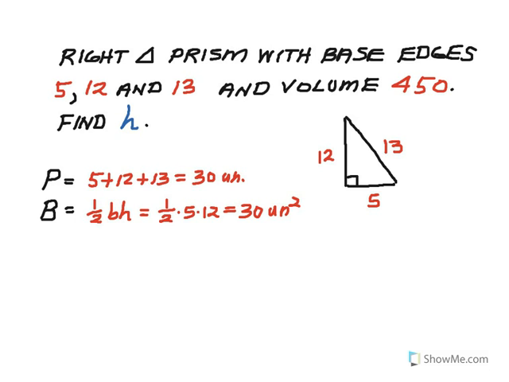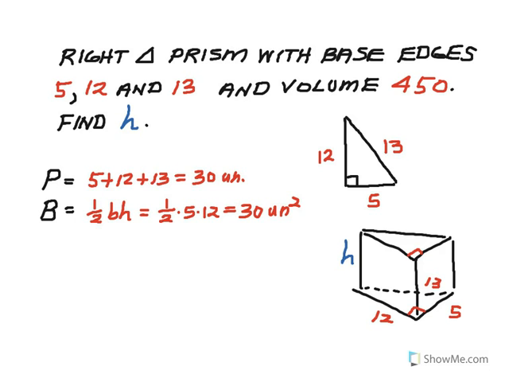So then we just use our algebra. We're told the volume of the right prism is 450, and we have to find the height of the prism itself. So to find the height of the prism, I'm going to use the formula for volume. The volume is the base area times the height, because I know the base area, and then I can solve for the height, which is unknown.